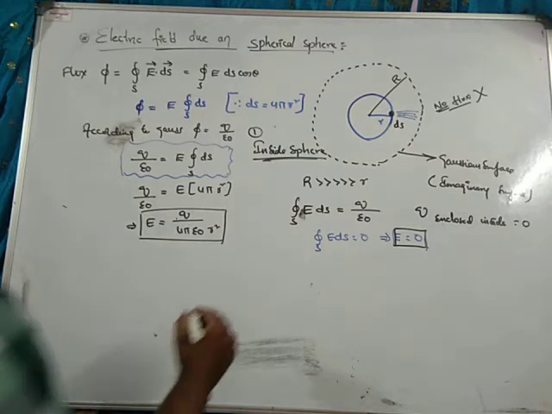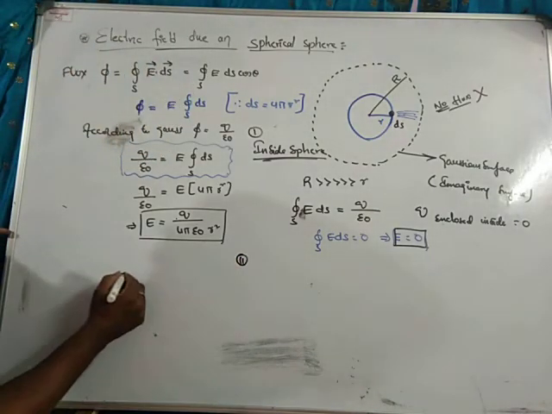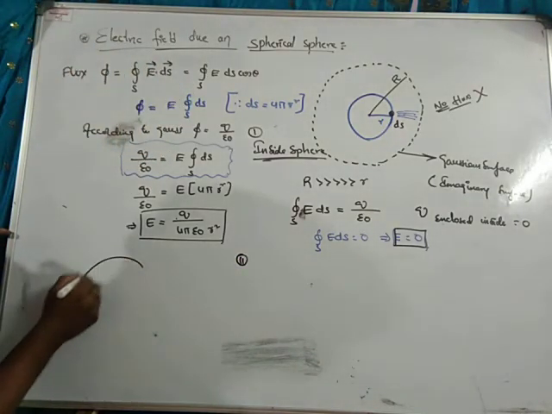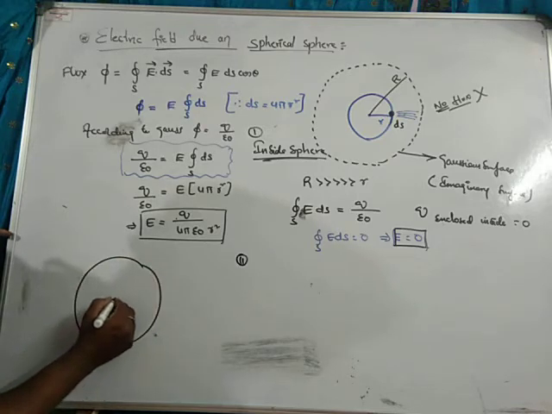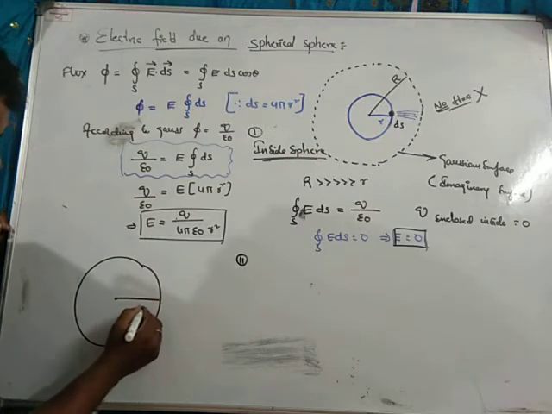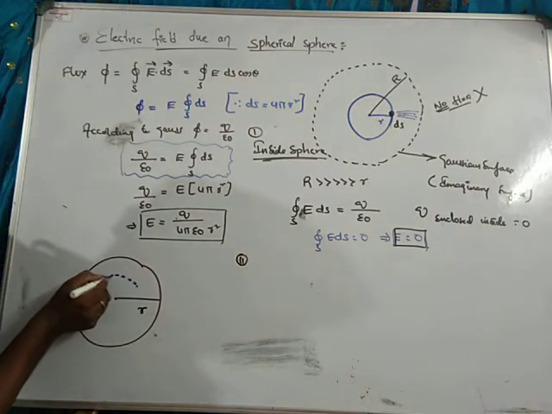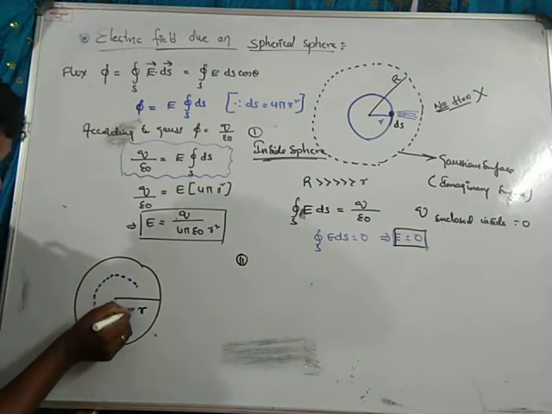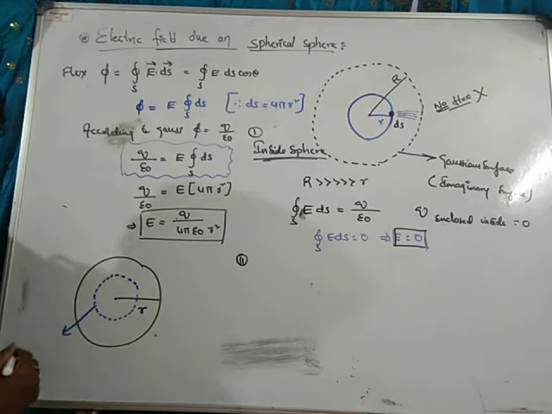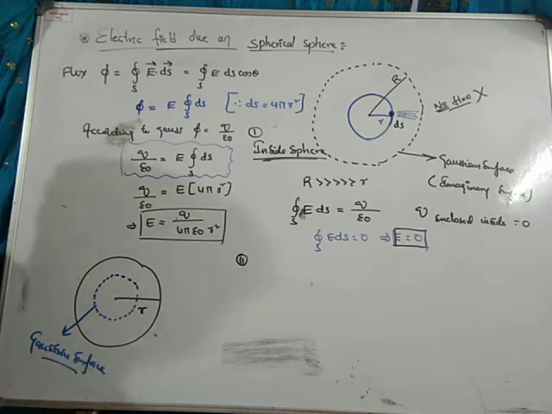Now we will consider the second one. Here we consider the Gaussian surface as a sphere with a small radius r, which is the imaginary surface.